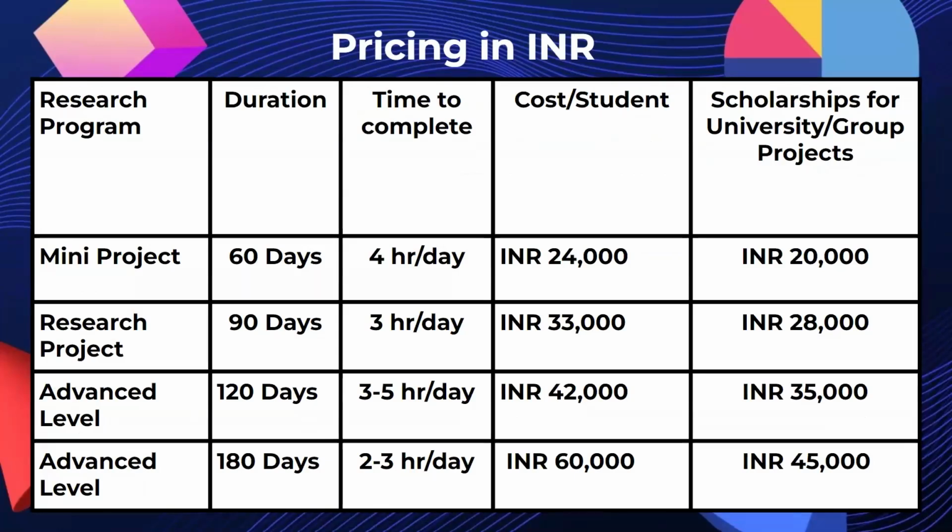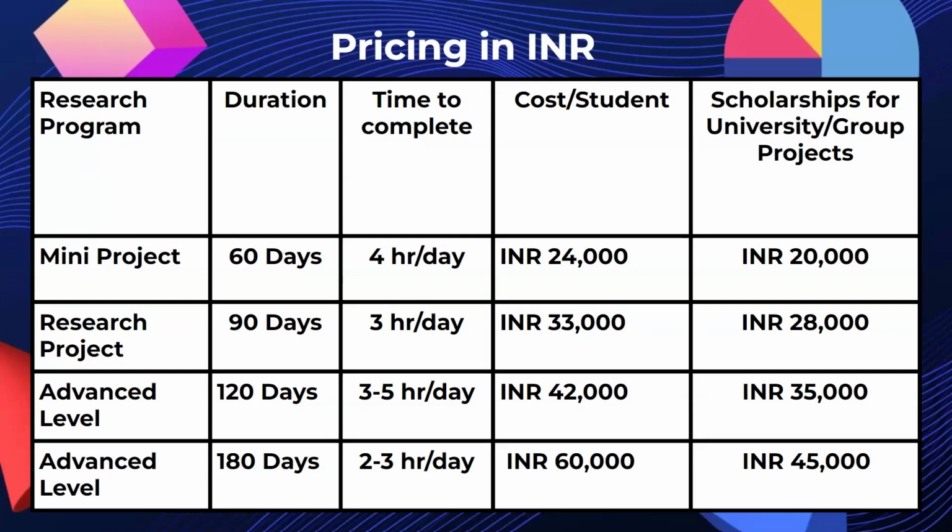Now I'll be showing you the pricing in INR. It will be 24,000 for a short project, and the scholarship price for universities or groups will be 20,000. Similarly, for the 90-day project, it will be 33,000, and 28,000 INR for group projects.